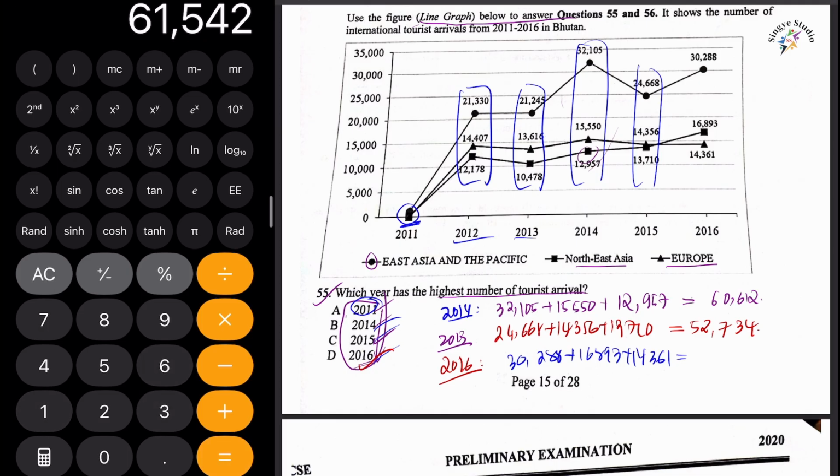You get 61,542. So if you look carefully, among these, 2016 is the greatest. So our right answer is 2016. You have to solve it like this.